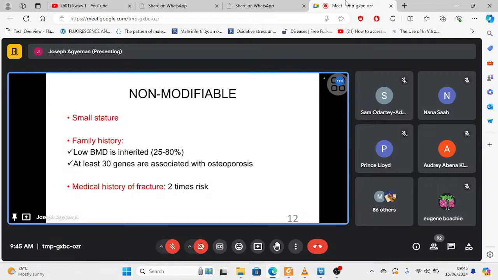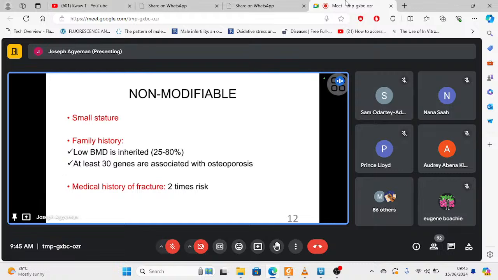If you have a history of osteoporotic fracture already, that one too you can't change. You have suffered from it before and you stand at a higher chance of getting it again. That puts you at a risk of two times compared to somebody who has never suffered from any fracture.